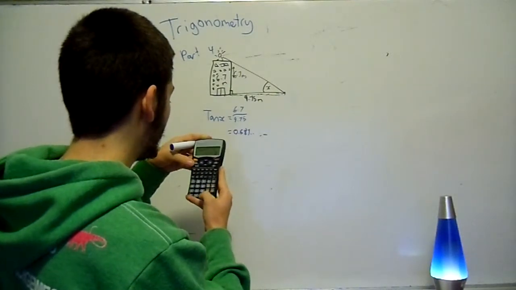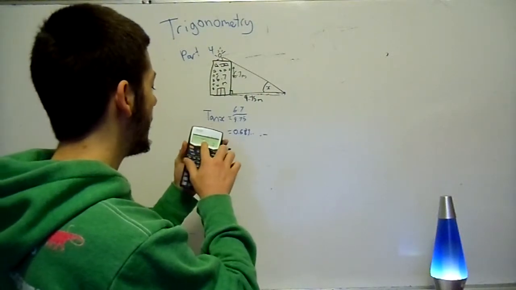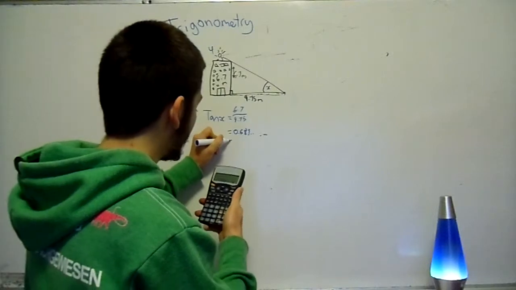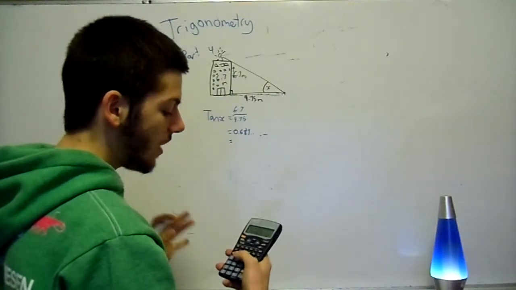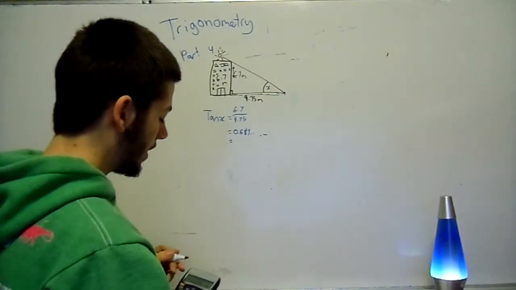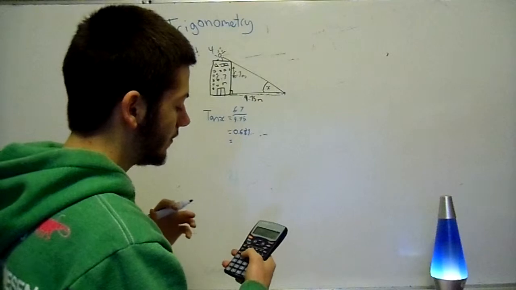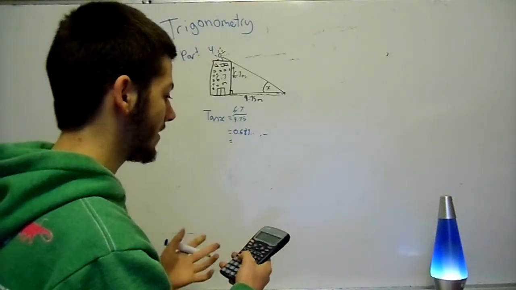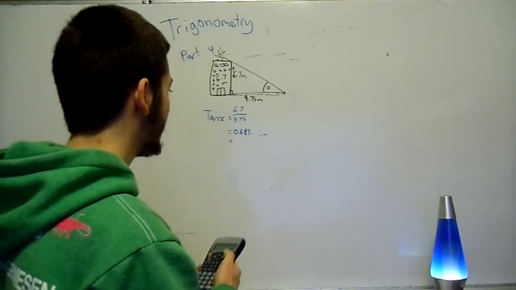On mine, I've got my alpha ans, so I got tan minus 1 ans is going to be my angle. That gives me a load of numbers. Now what they're usually asking for is they don't want these digits all there like that. They usually want it in degrees, minutes and seconds, not as decimals. So you press the degrees button and that should give you your answer.